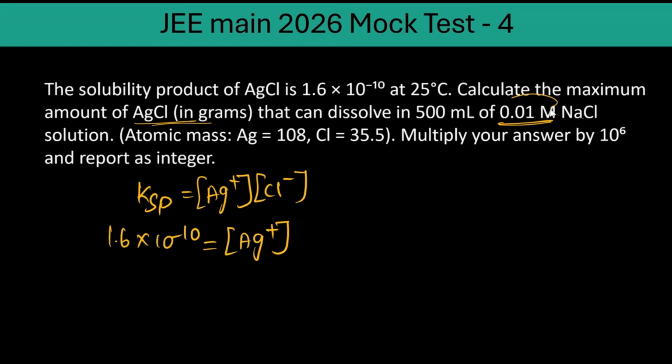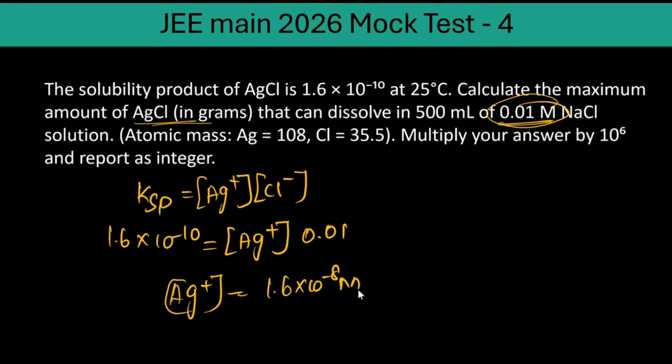It's given as 0.01 for NaCl, which will give you the Ag+ value as 1.6 into 10 to the power minus 8 molar.